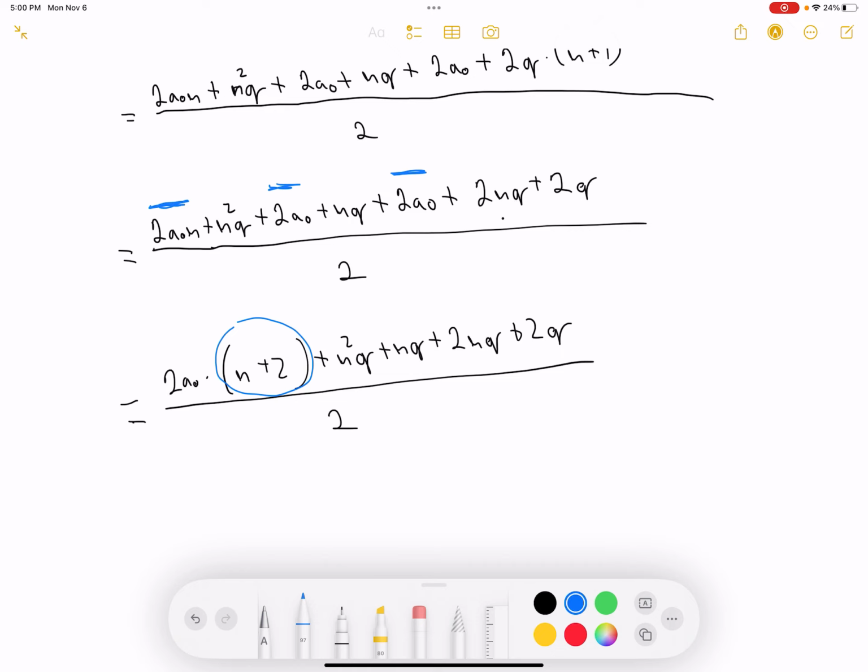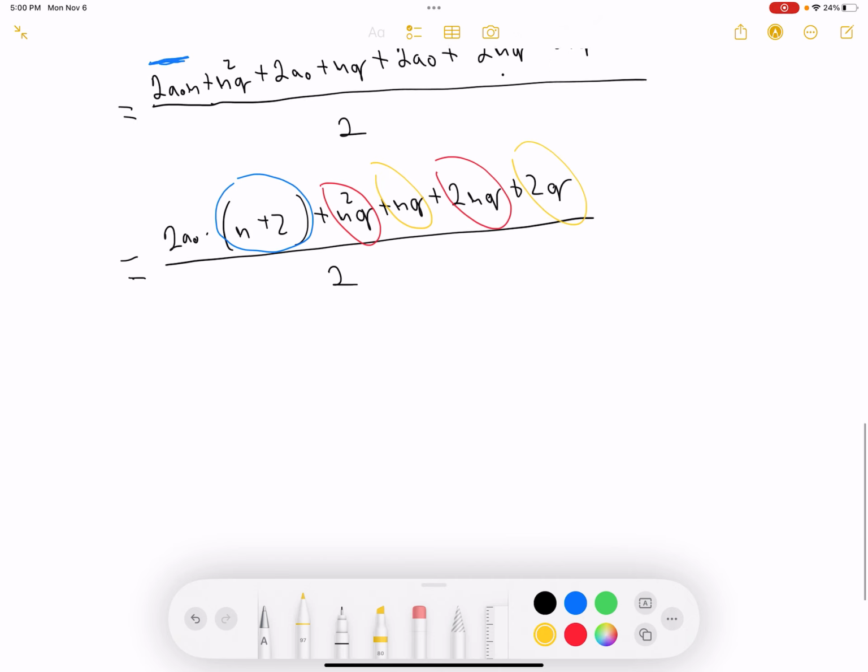So let's try something else. What if we work with these terms? What if we factor this term with this one, and then this term with this one? Then it's always going to give us n plus 2, right?